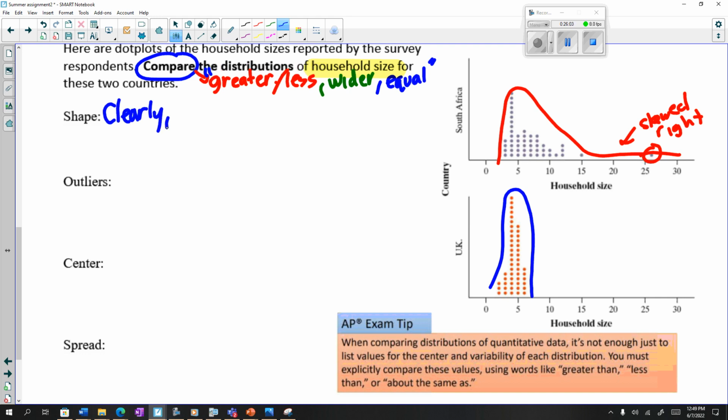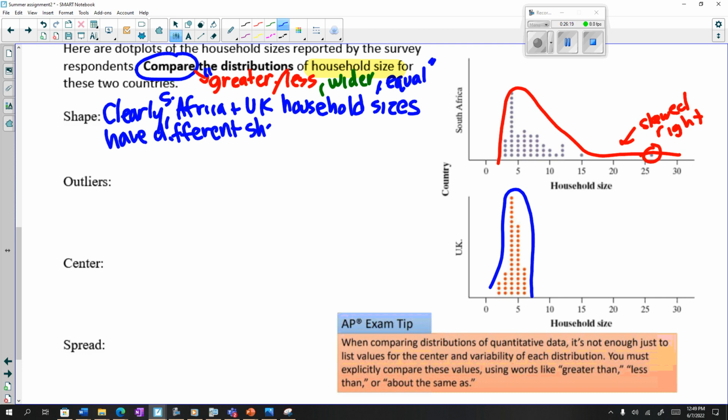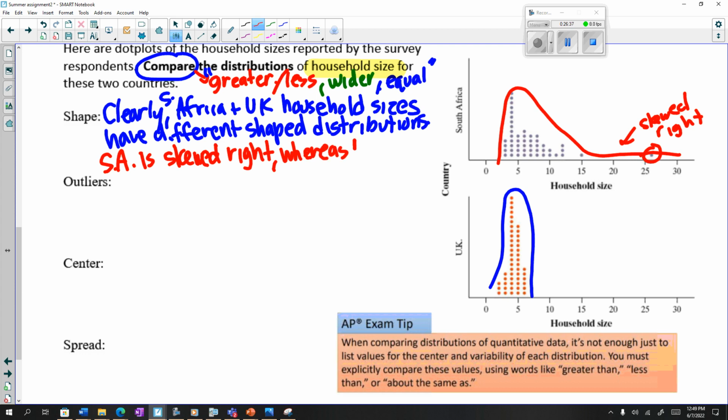Clearly, South Africa and UK household sizes have different shapes. Distributions. South Africa is skewed right when it comes to its household size, whereas UK is slightly skewed left.